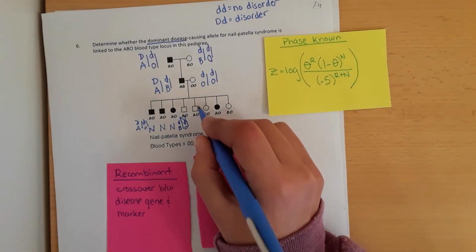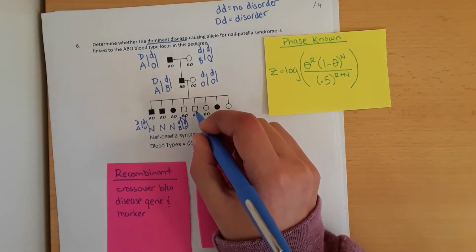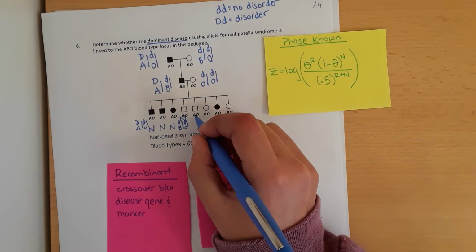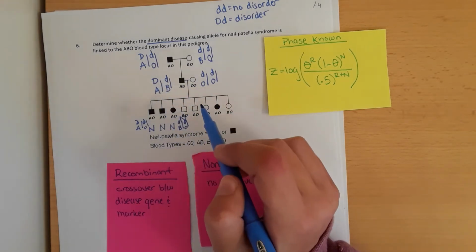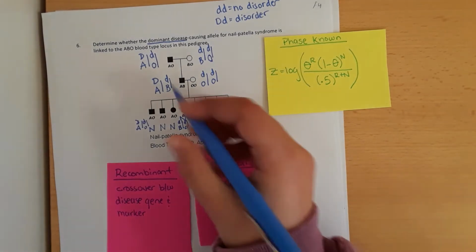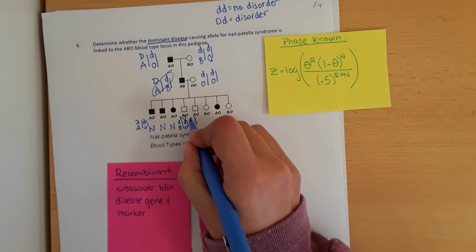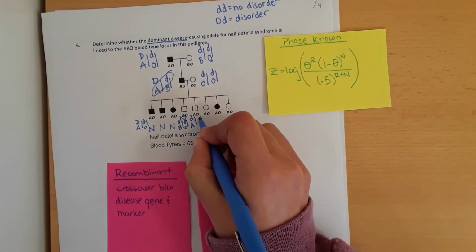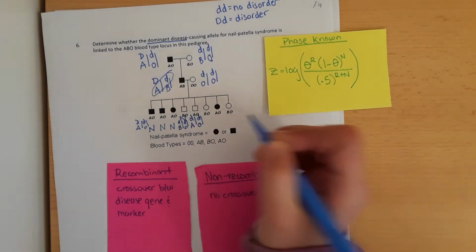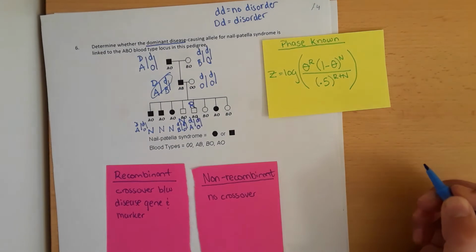This person is not shaded in, even though they would have gotten the A marker, which would have meant that they had the disease gene. So what happened was recombination could have taken place where they got the lowercase d, and then the marker A, and then lowercase d and O. So we're going to rate this as recombinant.